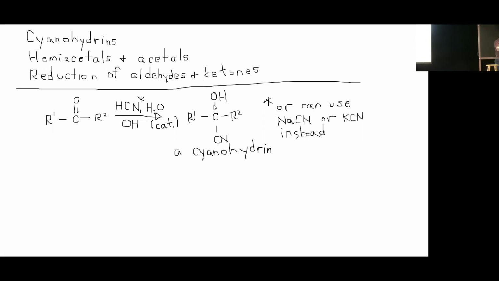The carbon-oxygen double bond becomes C single bond OH, and that fourth bond to that now sp3 hybridized carbon goes to a cyano group. By the way, a little aside, please don't forget the structure of the cyano group, or you can even draw the structure of HCN. Please remember there's a triple bond there. So HCN has that Lewis structure.